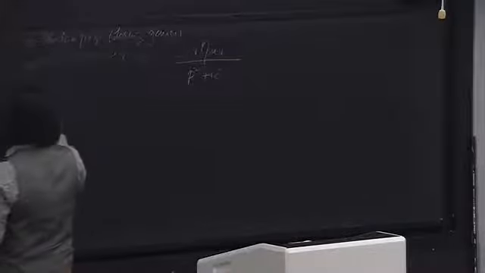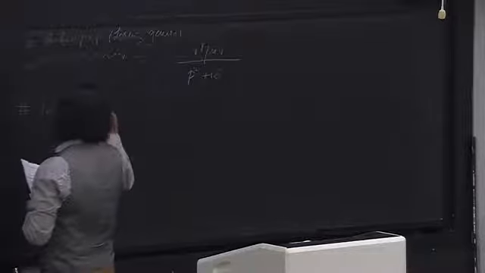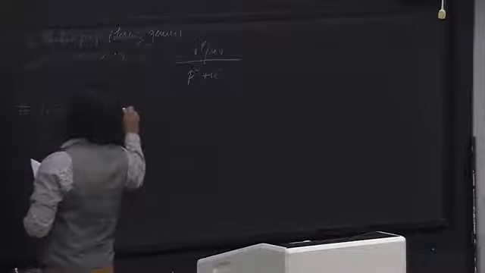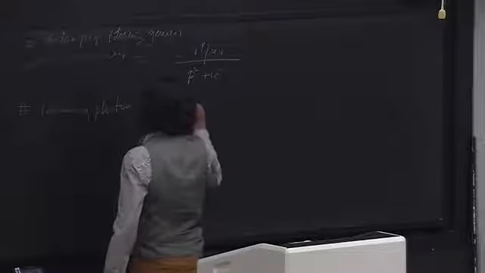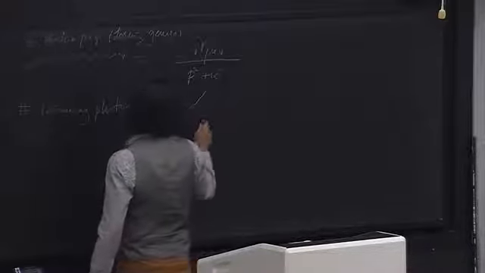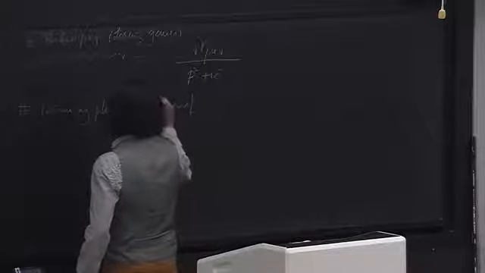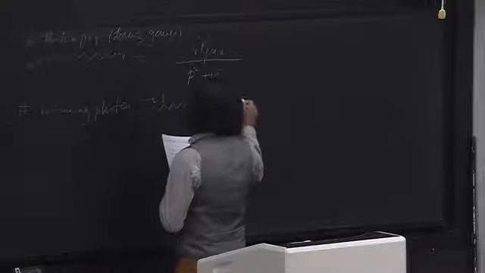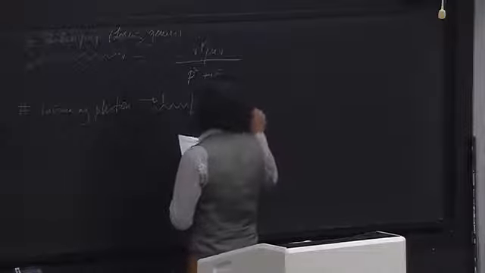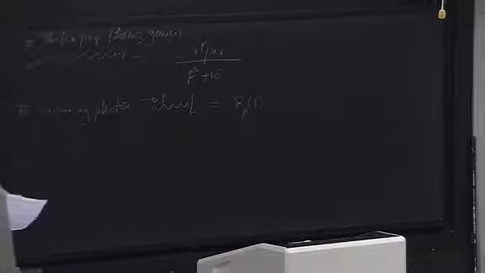So for an incoming photon with some polarization, the photon is coming in with some momentum p. We write for that a polarization vector like that.